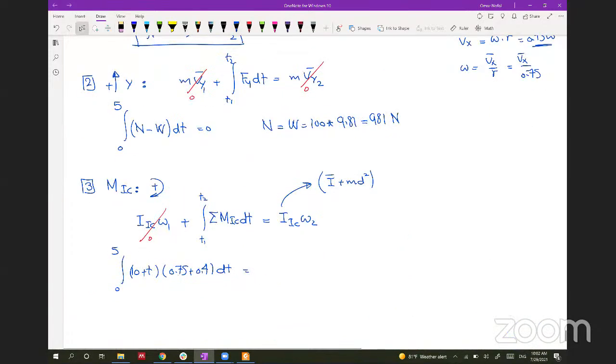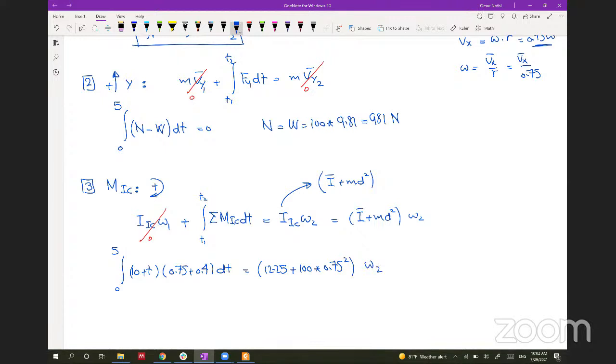Okay, so we have I bar plus m d squared multiplied by omega 2, and I bar was 12.25, and the mass is given as 100 kilogram multiplied by 0.75 squared, and all of this is multiplied by omega 2.